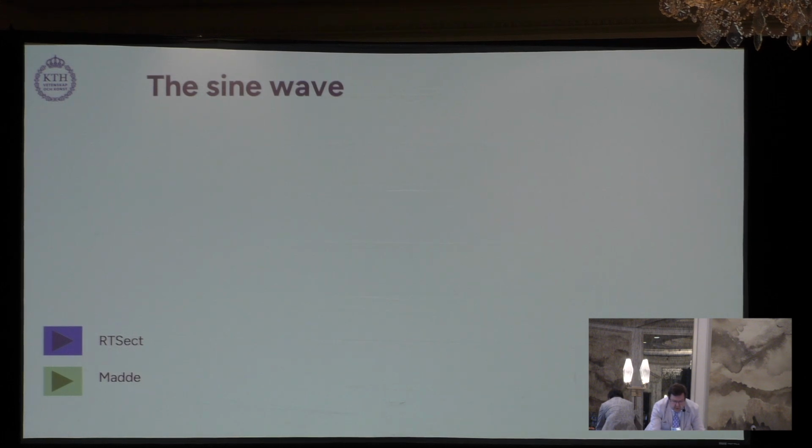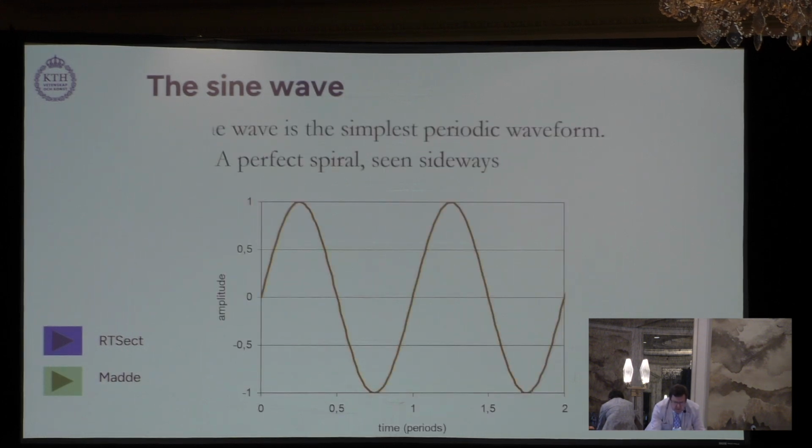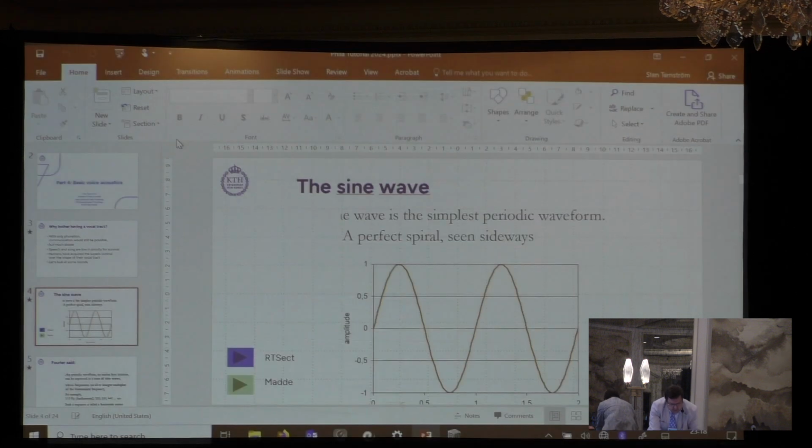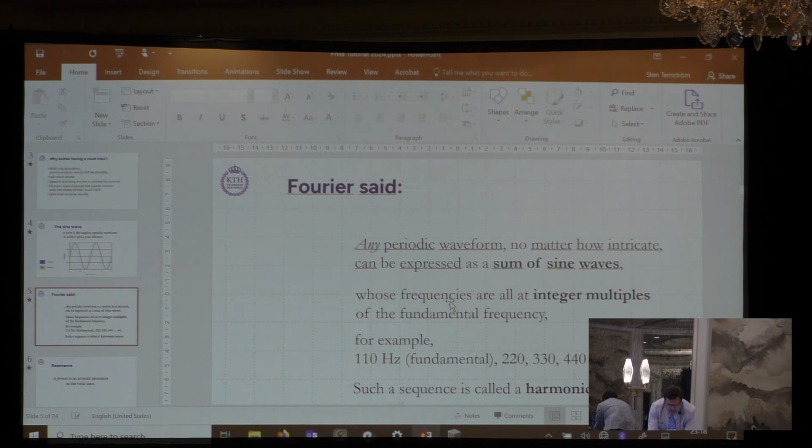But I would like to show you a funny little experiment. The sine wave is the simplest periodic waveform. It's a perfect spiral seen sideways. Now, I'm going to skip ahead because time is of the essence.